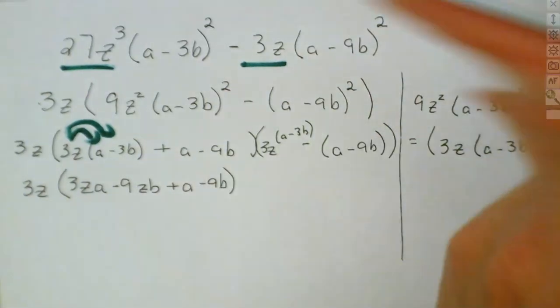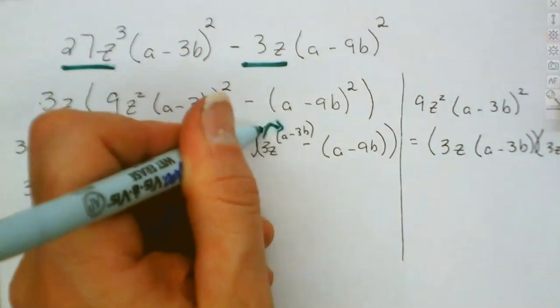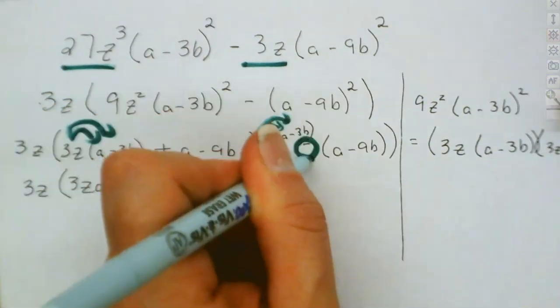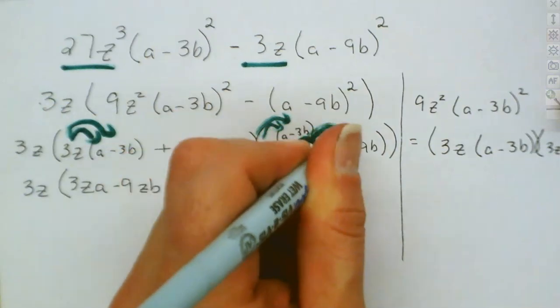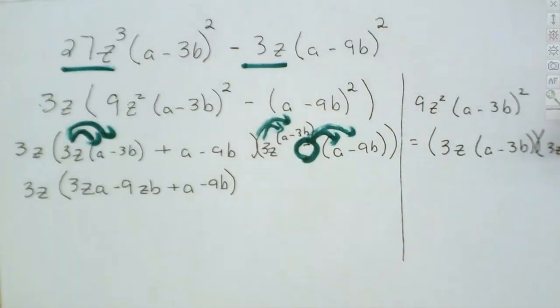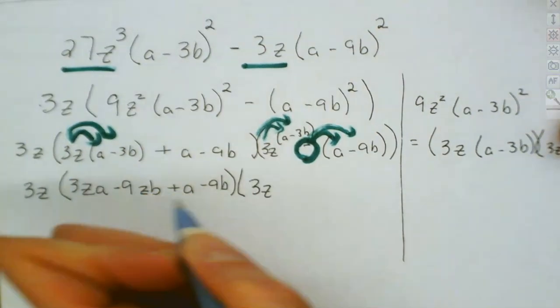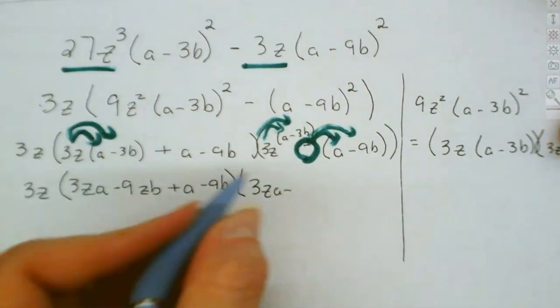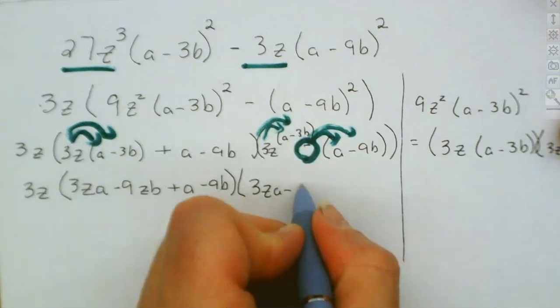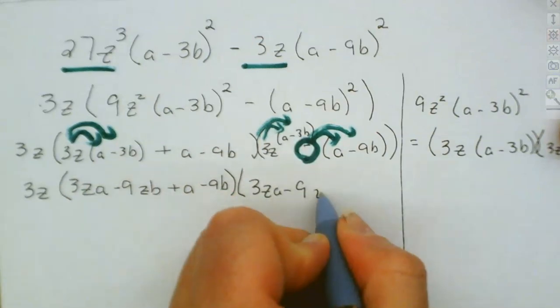We're going to distribute that 3z through. And we're also going to have to distribute that negative through. So let's see what we have here. What we have over here is we've got 3z, a, minus 3 times 3 is 9, zb.